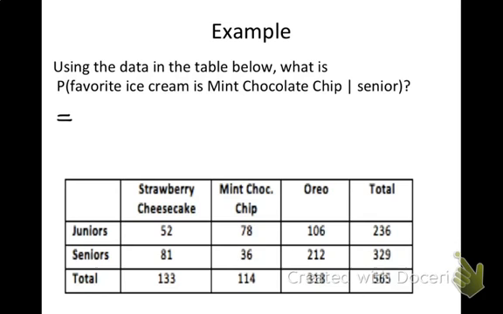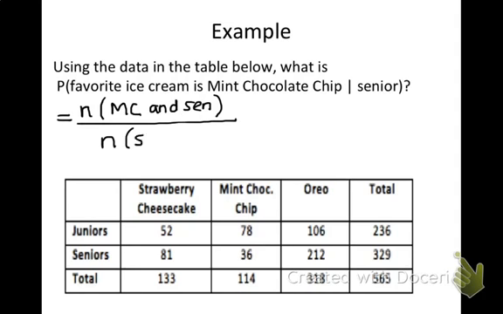So we want to know the number of people who like mint chocolate chip, I'll put MC, and our seniors. And we're going to divide it by the number of people who are seniors, because that is our given.